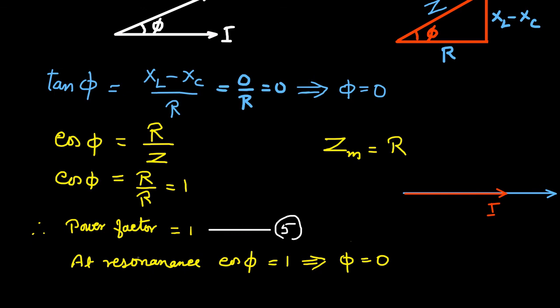And from this also, it is clear that phi is equal to 0. Let us write this as equation number 6, which means voltage and current are in phase. There is no phase difference between voltage and current when the LCR circuit is in resonance.